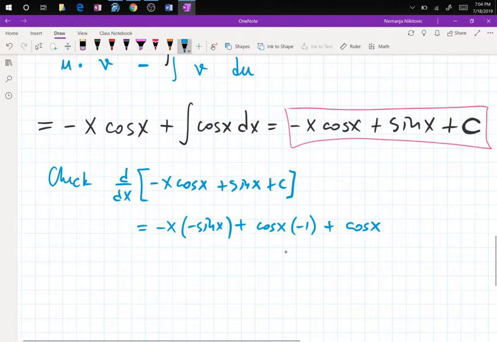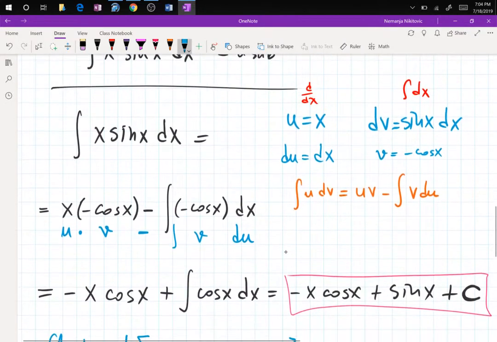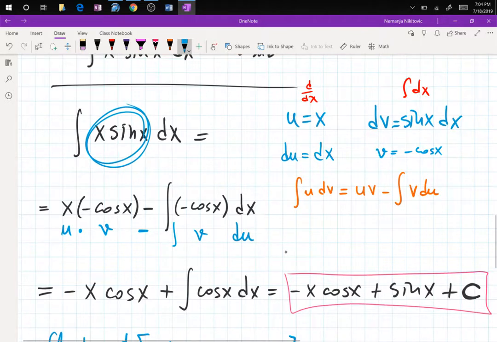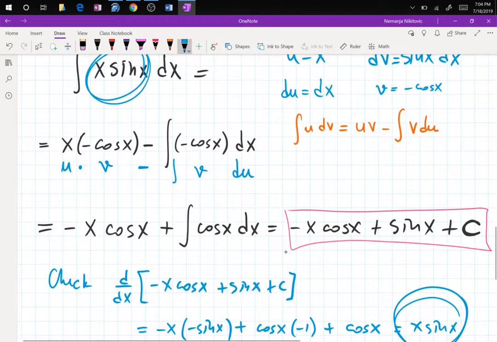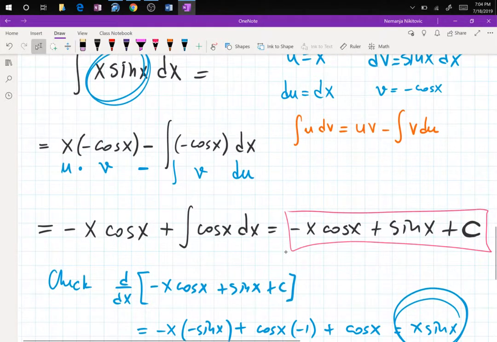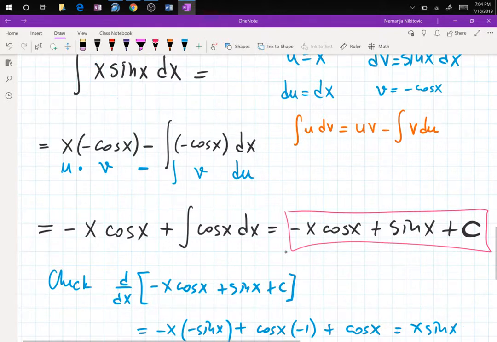So negative x times negative sine is x sine x, and then negative cosine and positive cosine cancel. Done. So we did get what the problem initially had. They match. So we know that our integration went just fine.